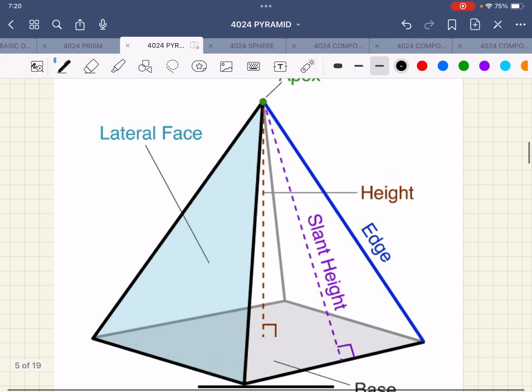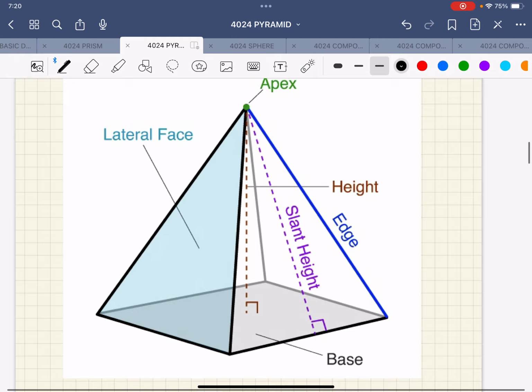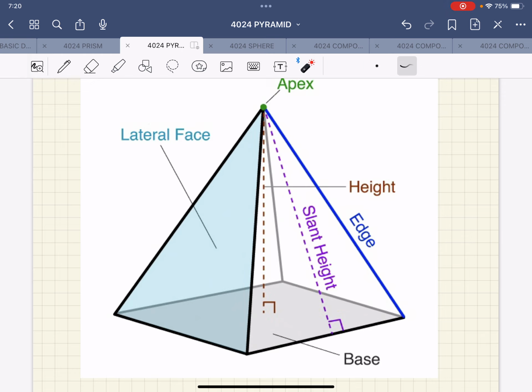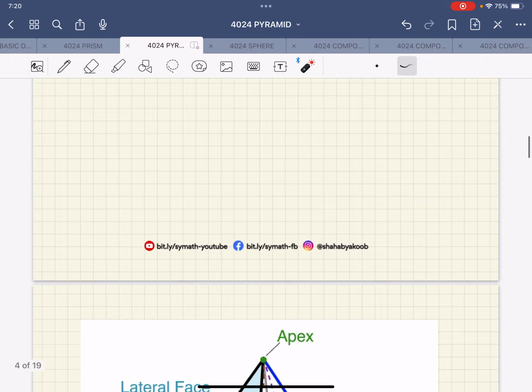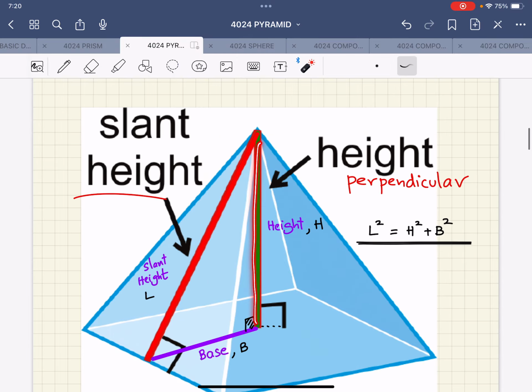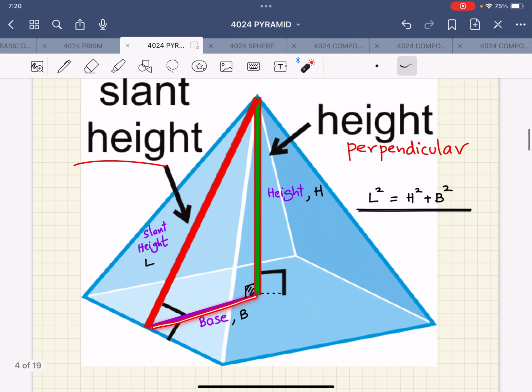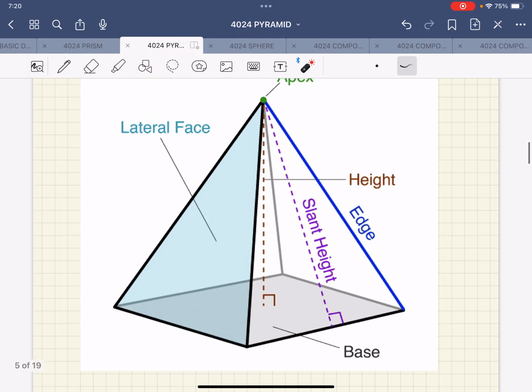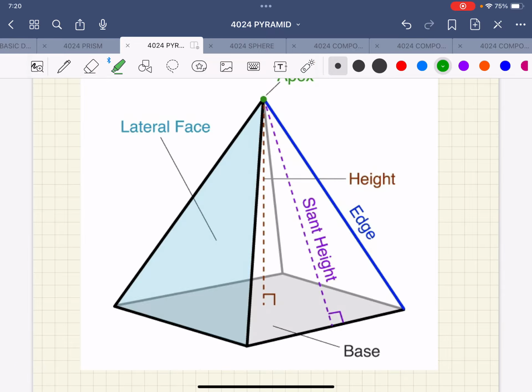Now let's look at this diagram. If I look at this diagram, what I see is that this is the lateral face. Then this is the perpendicular height, which I have labeled in green color. Base is in purple color, and this slant height is in red color. So let me use the same colors over here.